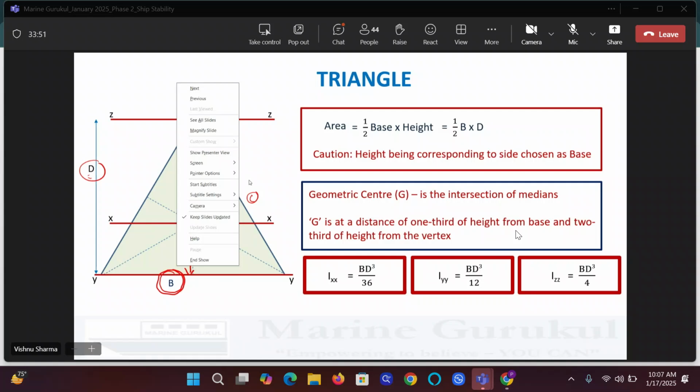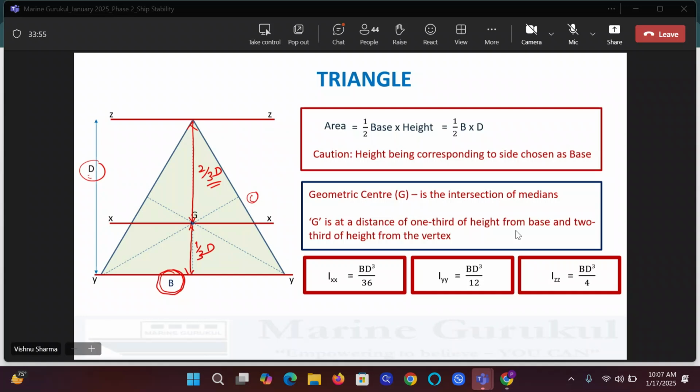Now, if you change the base, I know there may be doubts in your mind. Suppose you say this is the base I am taking. Then the corresponding height will be whatever vertical you draw here. If you take B2, height will be H2.